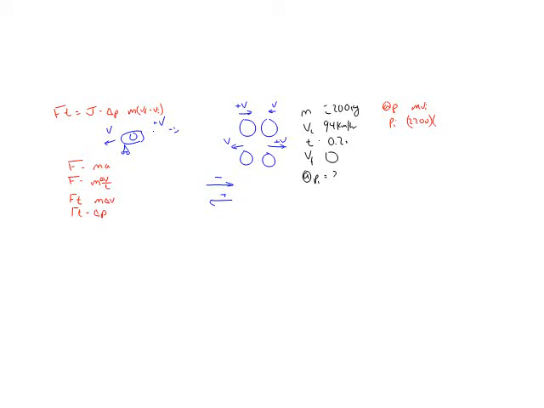It's in kilometers an hour, so we need to change this so it's not in kilometers an hour. What am I going to multiply it by here? What's the first one? 1,000 meters over 1 kilometer. And how about the second one? 1 hour over 3,600 seconds.